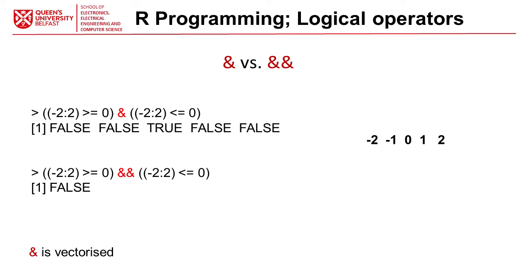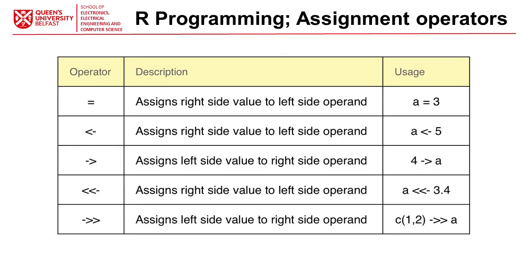Okay, so these are assignment operators. Again, there's not much difference between all of these in terms of just the order of using them. So as you can see, you can use equal.